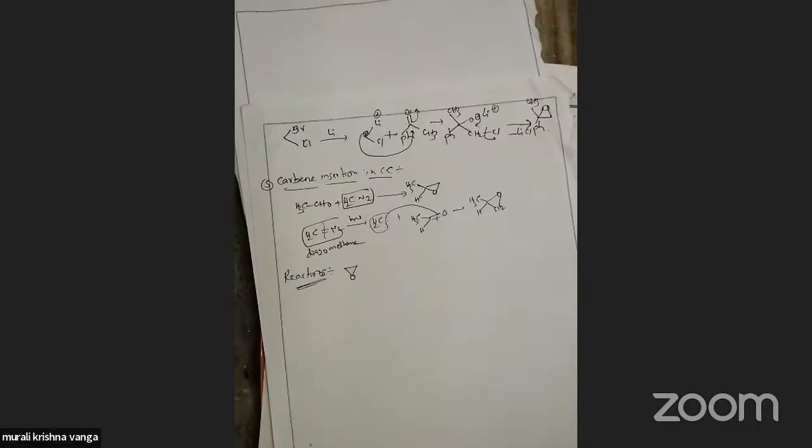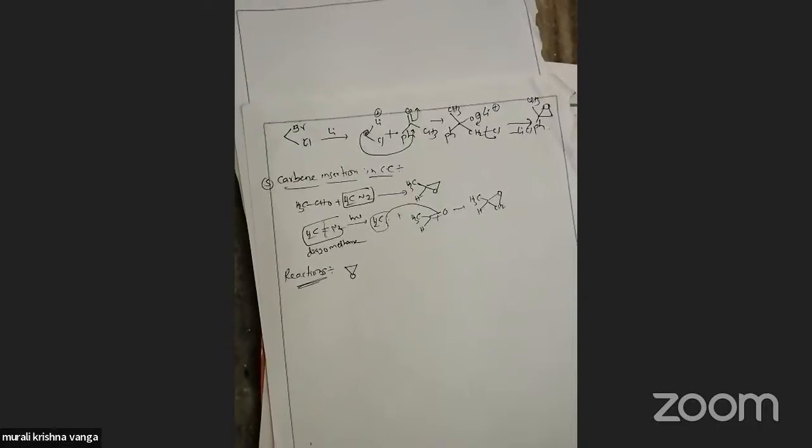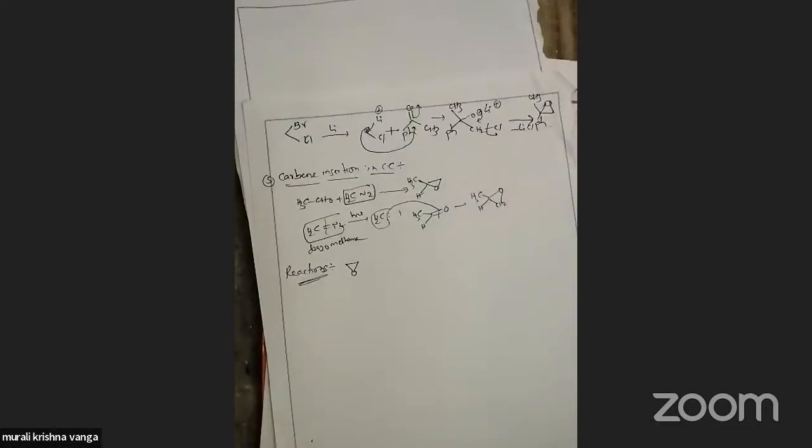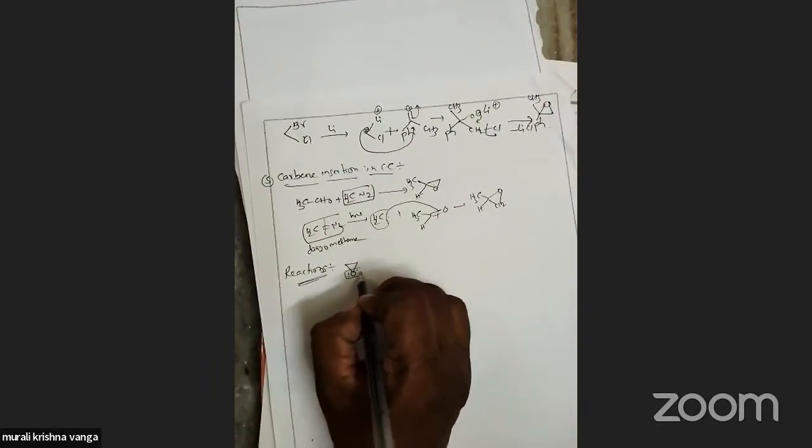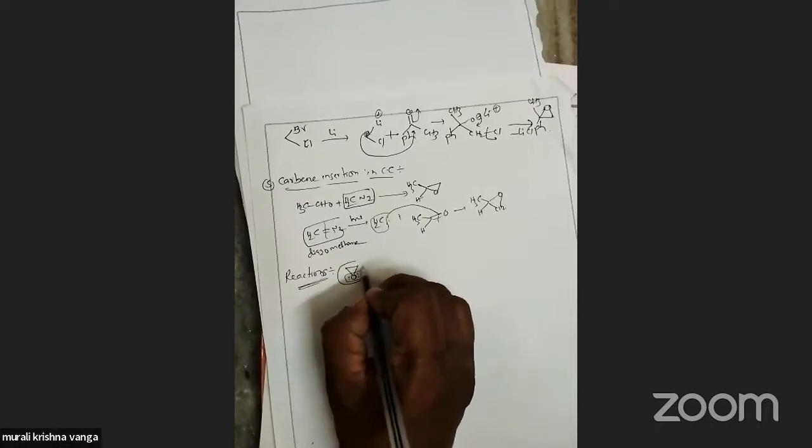In general, three-membered rings are highly unstable. In this three-membered ring, the oxygen atom has two lone pairs of electrons. Therefore, this ring is highly unstable.